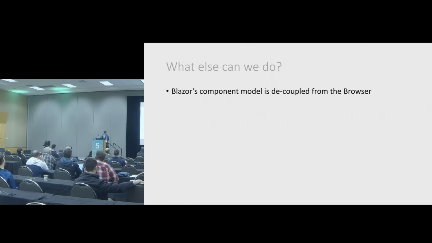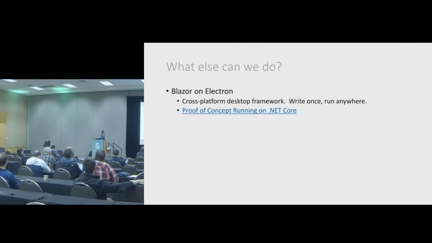All right, so what else can we do with Blazor? The cool thing is Blazor's component model is completely decoupled from the browser, because it turns out Steve Sanderson and Microsoft are pretty smart people. So this means you can run Blazor on something called Electron. People familiar with Electron? All right, like half the room.